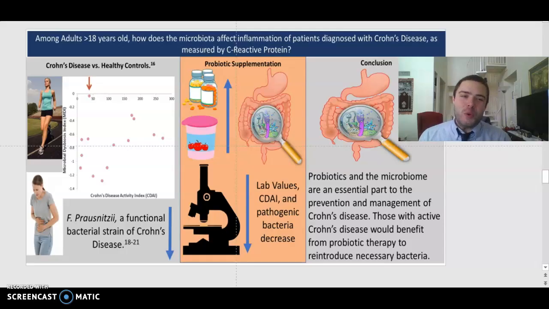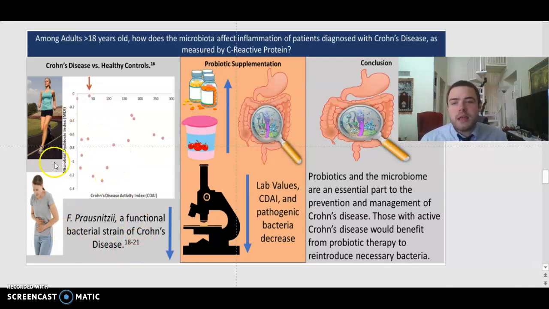Here is a visual abstract of the study and its associated outcomes in the groups where Crohn's disease patients were compared with healthy controls. They actually saw, as previously mentioned, a decrease in Faecalibacterium prausnitzii bacteria, which was considered a functional strain in Crohn's disease.